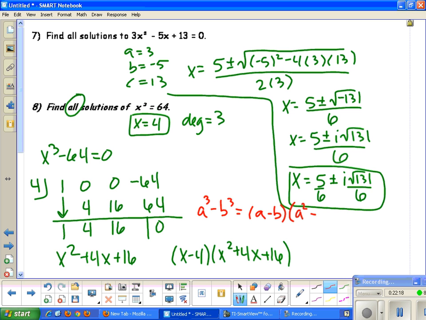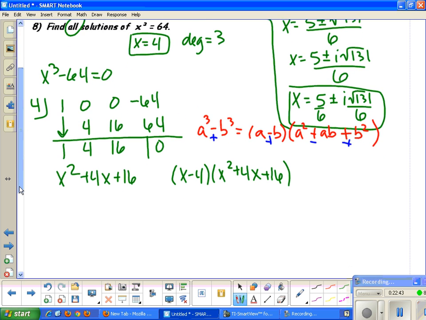So minus is a plus here because it's minus times plus is minus, so plus ab and then plus b squared is the way that you do that. And if this was a plus here, this would be a plus, minus, plus. So you can do that for cubic equations, or if you forget how to do that, you could always use synthetic division and divide it and get your answer.